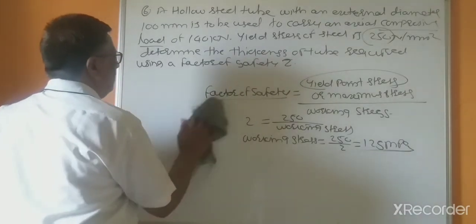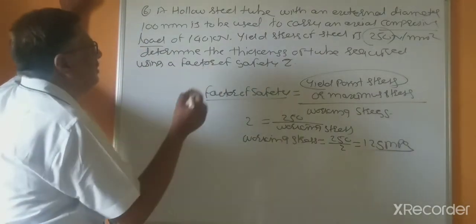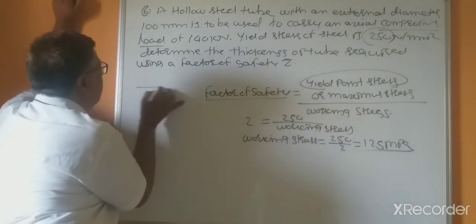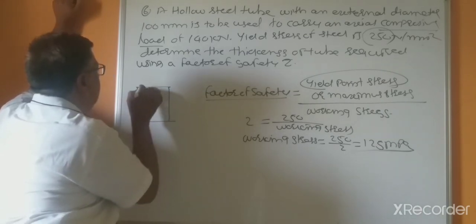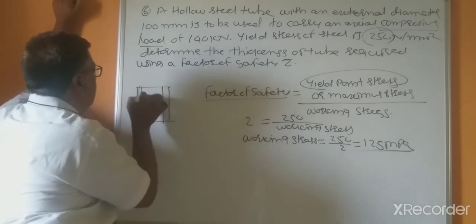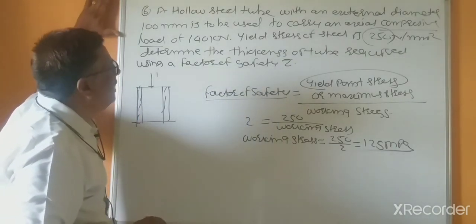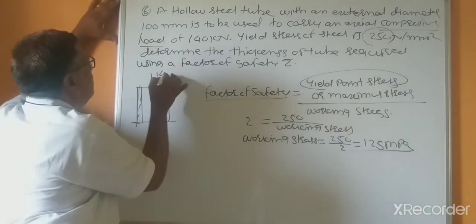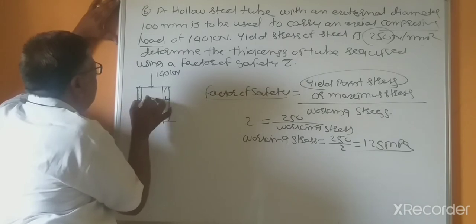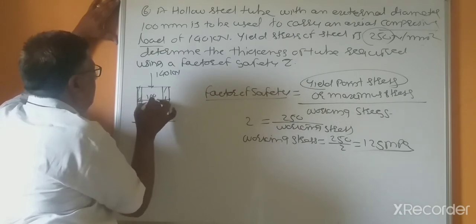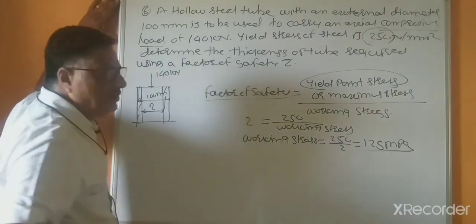Alright. Now the remaining problem: determine the thickness of the tube. The external diameter is 100 mm, and the load carried is 140 kilonewton. The thickness is to be calculated.